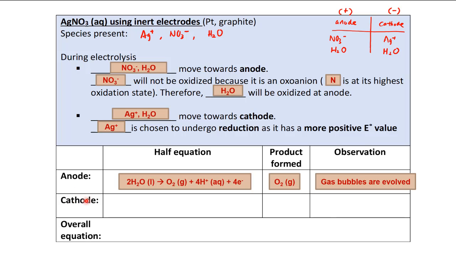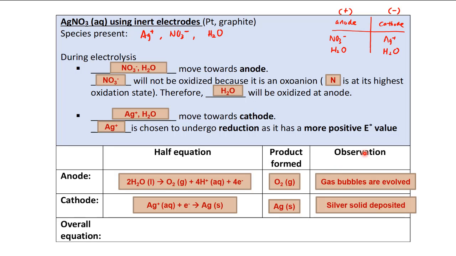At cathode, Ag+ will undergo reduction to produce silver solid. This is the precipitate. The product formed here is silver solid. And the observation, what can you see? What is the color? Silver solid deposited. Silver itself means the color already.